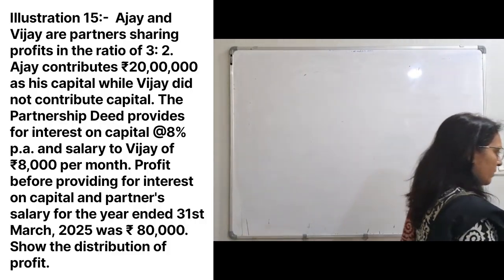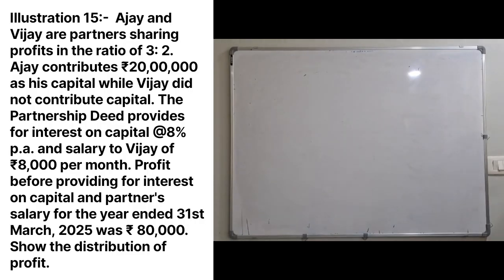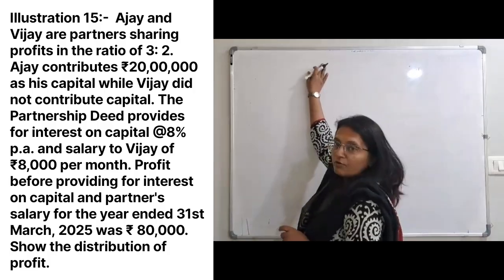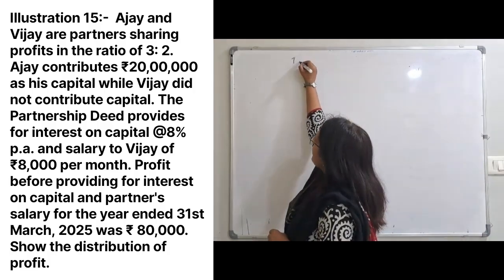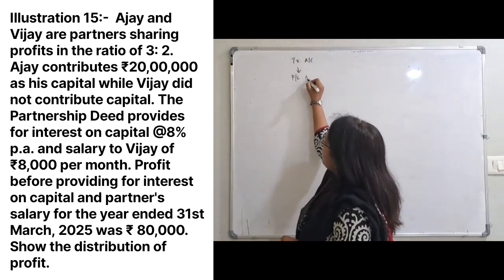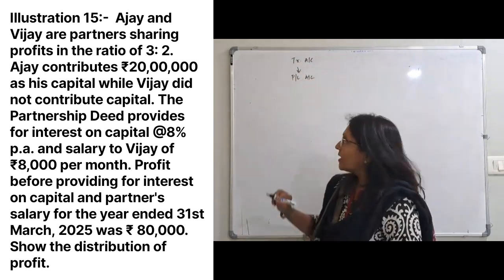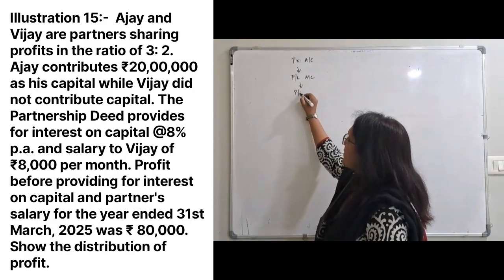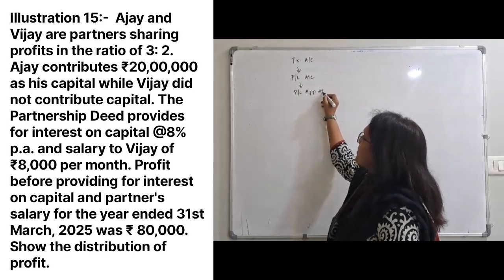Fine. Now, as I told you all, we prepared the trading account. After the trading account, the profit and loss account. After the profit and loss account, we prepared the profit and loss appropriation account.